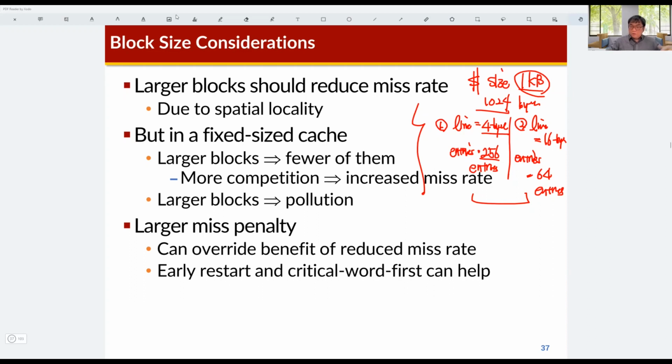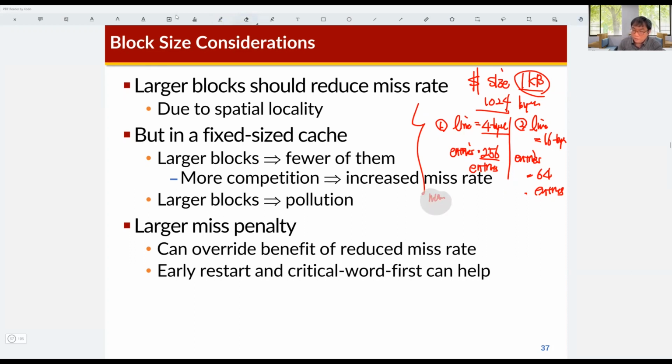So we can apply different configurations to the cache memory. So which is better? Actually, we don't know.